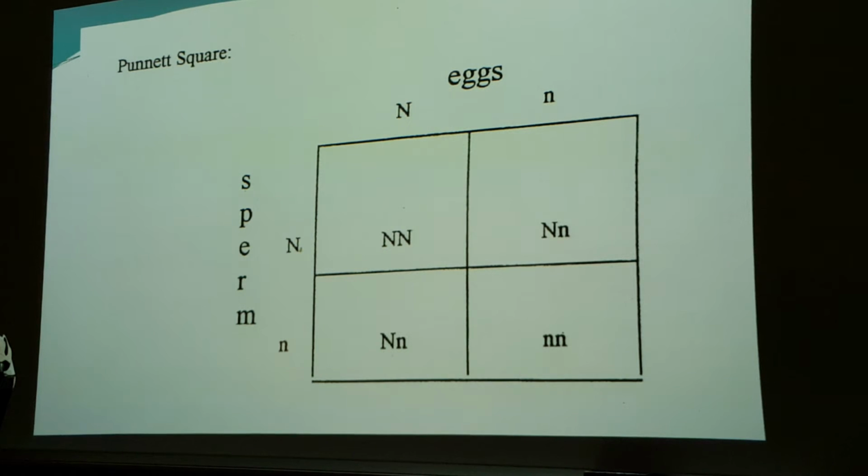What are the chances that their first 2 children in a row are gonna have cystic fibrosis? It's 0.25 times 0.25. It's a quarter times a quarter. What is a quarter times a quarter? 1/16. Guys aren't very good in your fractions. So there's a 1/16 chance that 2 children in a row are gonna have cystic fibrosis.